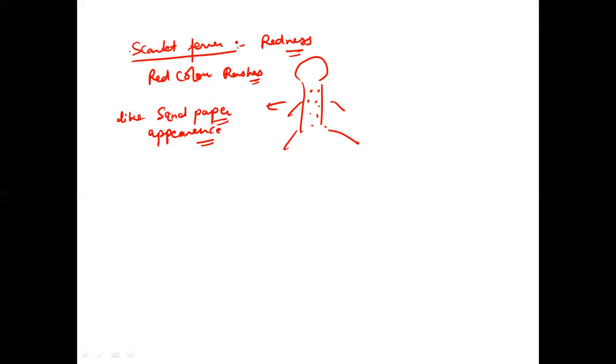Now you have to remember some things. First is sandpaper-like appearance. Second are the lines you can see at the crease areas, where you bend your knee, your elbow.